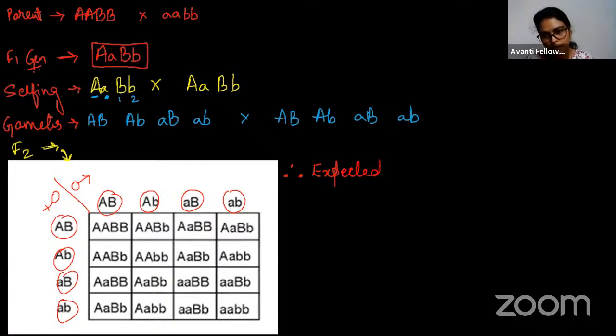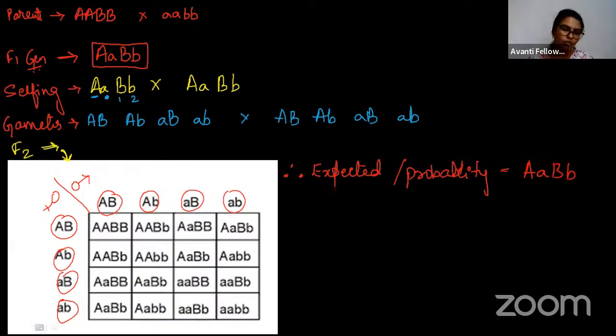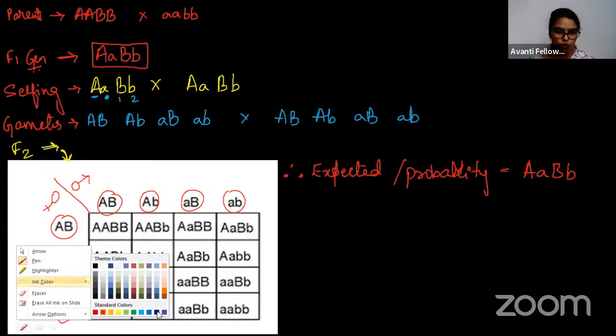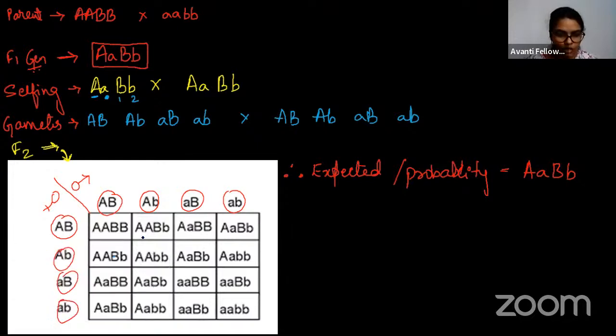Expected or probability. So what is the probability? We are checking the probability of capital A, small a, capital B, small a. Now we have to search for it. So let's start searching. 1, 2, 3, and 4.